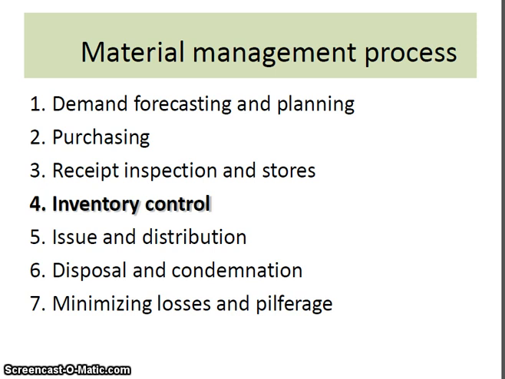The first phase is demand forecasting and planning: forecasting the demand for the various materials for a specified period of time in the future, and planning how much order is going to be placed and when. Then actual purchasing takes place. The purchasing committee decides the unit, the quantity of the order, when the order is going to be placed, and the price of the order. All the details are discussed and finalized, and they issue the purchase order to the vendors.